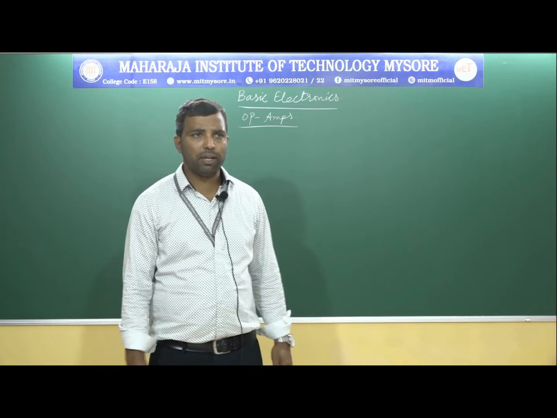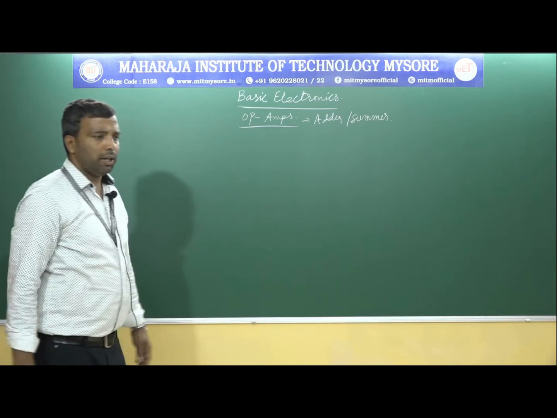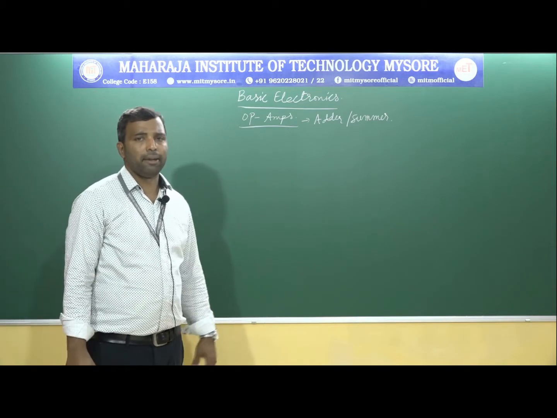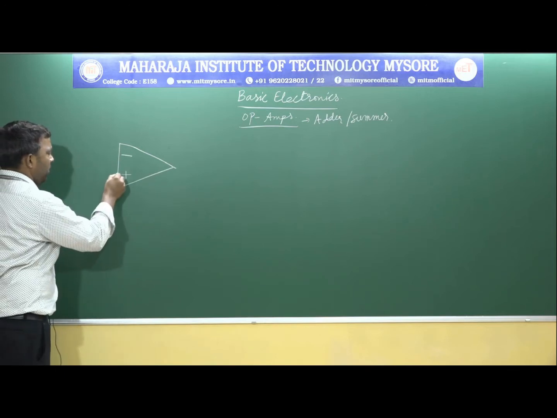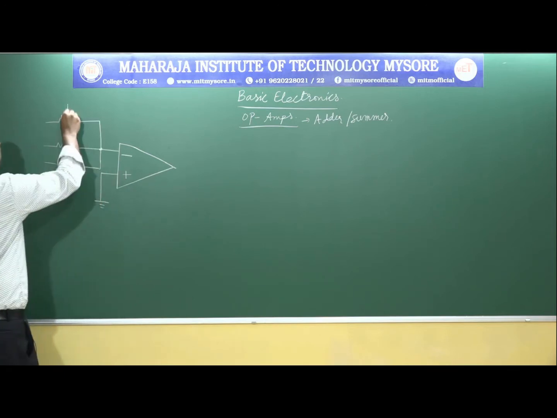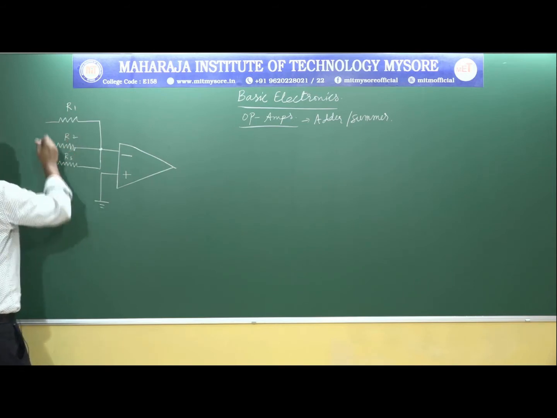The next application is the adder or summer, the inverting summer adder. This is the inverting terminal, this is the non-inverting terminal. The non-inverting terminal is grounded. This is R1, this is R2, R3.